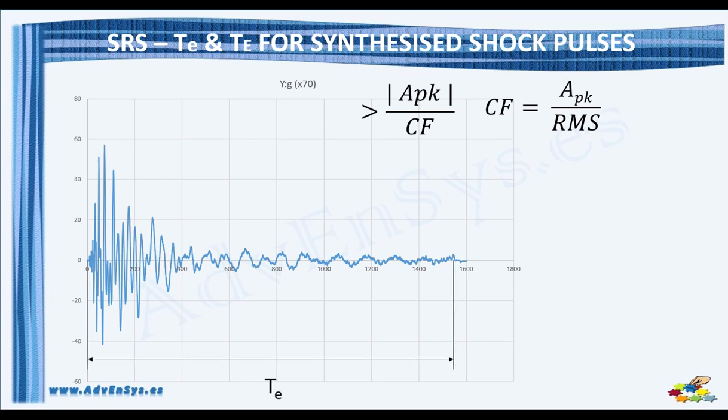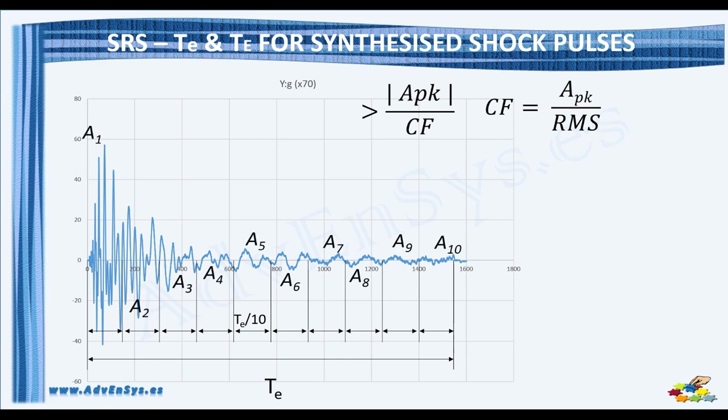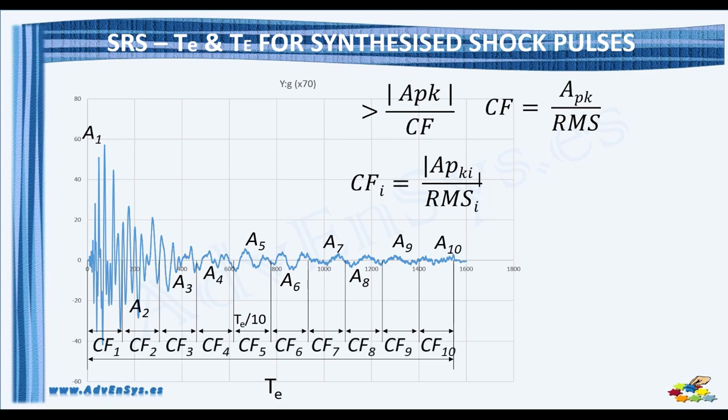To accomplish this, the standard recommends to compute the crest factor in several intervals over the duration of T small e, for example 10 intervals, and get, for the previous formula, the maximum crest factor computed on the individual intervals.